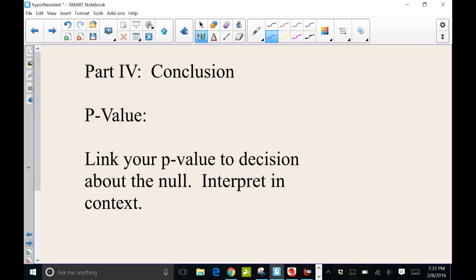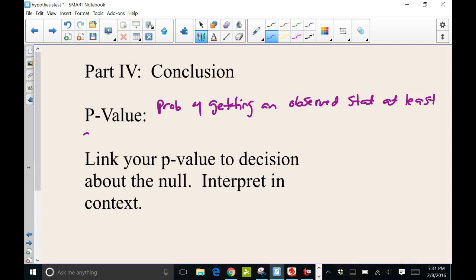Now first I want to define a p-value for you. The p-value is the probability of getting an observed statistic at least, now it could be as low, depending if it's a less than, or as high, if it's a greater than, or extreme in either direction, which you're going to see in the next question, given the null is true.